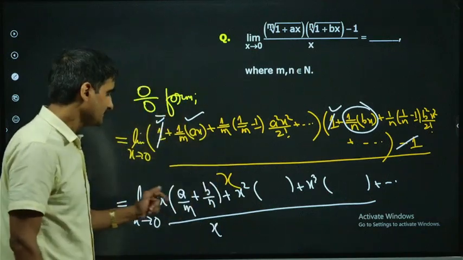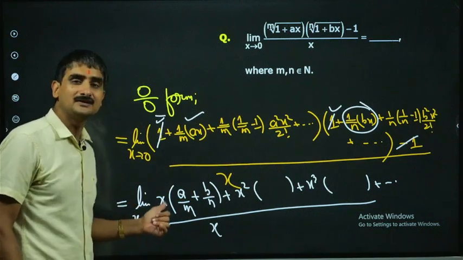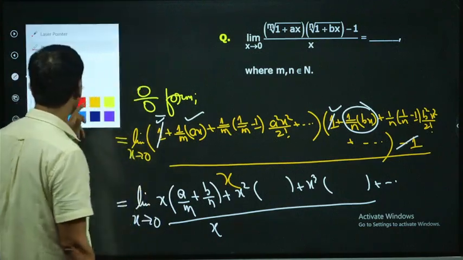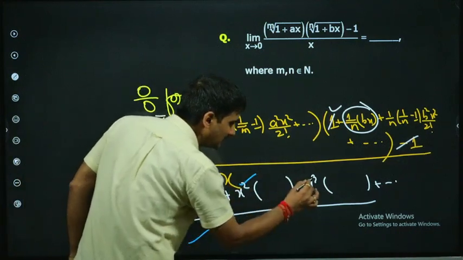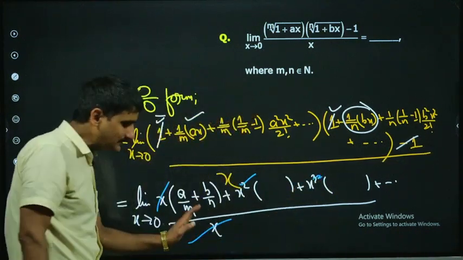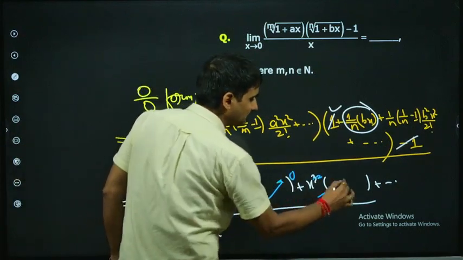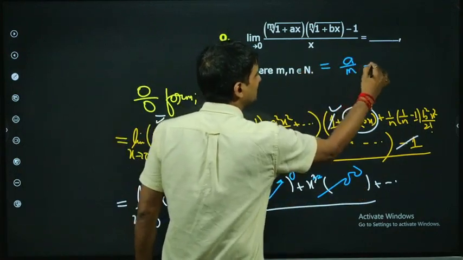Here in the denominator, of course, you have only one term and its degree is 1, and in the numerator the minimum degree term is 1, so it matches. Taking x common from both numerator and denominator, the x gets cancelled, and in every other term except the first term you will be left with x. So as x approaches 0, those go to 0. So the answer is a by m plus b by n.